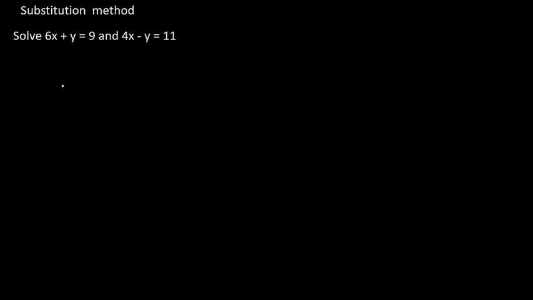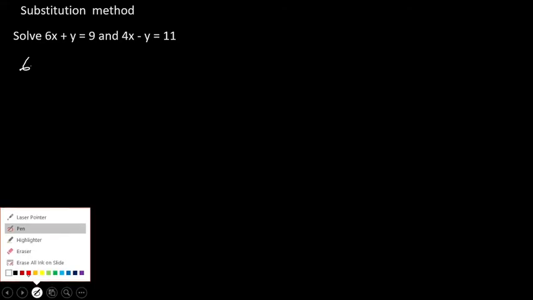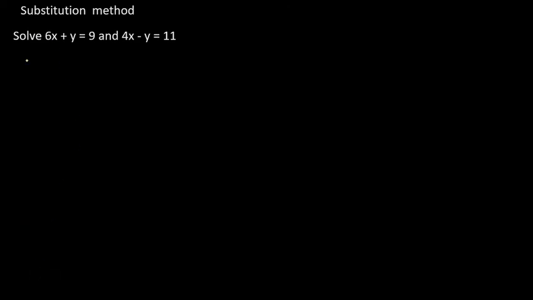Now this question says solve 6x plus y equals 9 and 4x minus y equals 11. So let's use substitution method to solve it. 6x plus y equals 9.